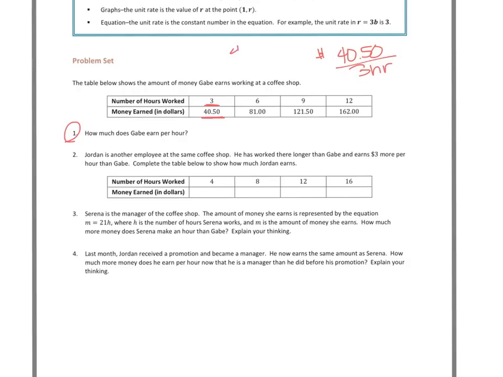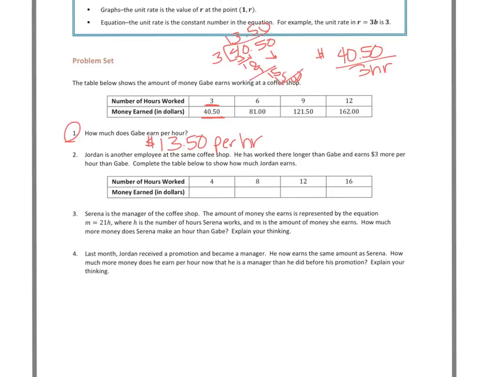So I'm going to take 40.50 and divide it by 3. And I'm going to bring my decimal up. And it looks like it's going to be $13.50 per hour. So that's how much Gabe earns.